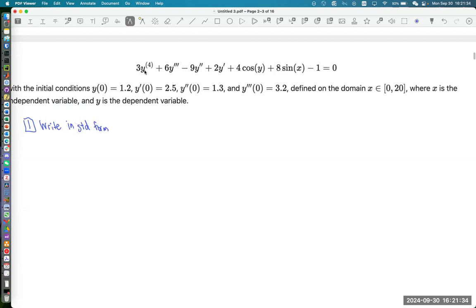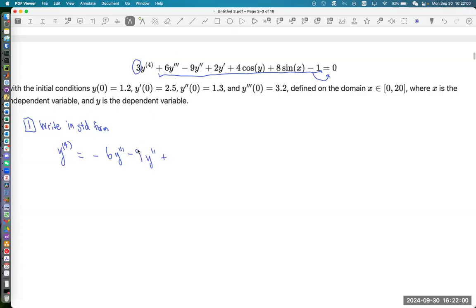So the standard form means that we move everything to the right. And then we also divide everything by this coefficient. So we have y to the 4th is equal to -6y triple prime minus 9 y double prime.